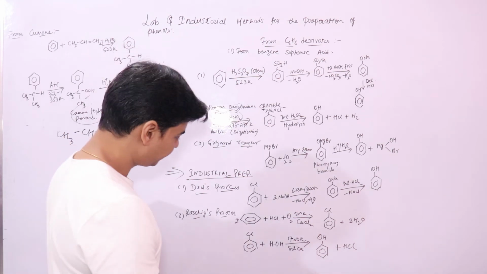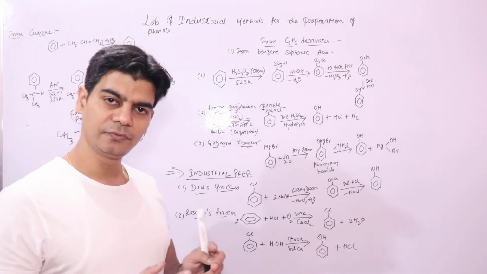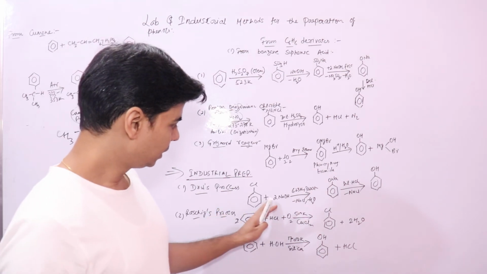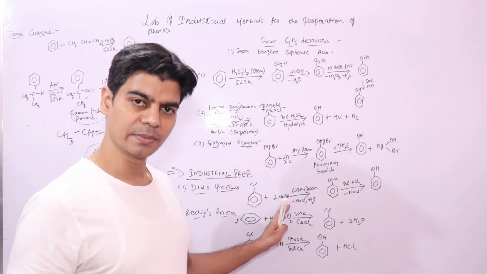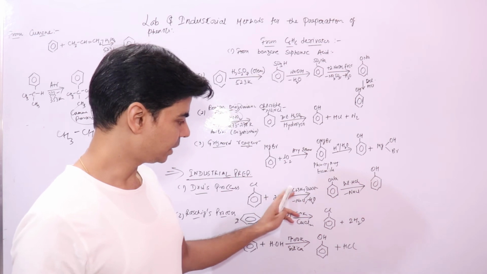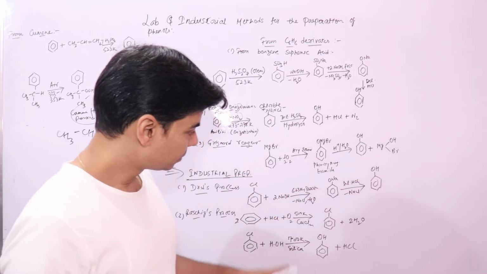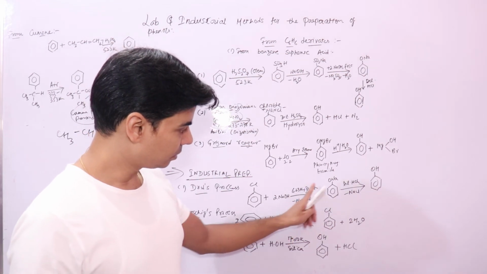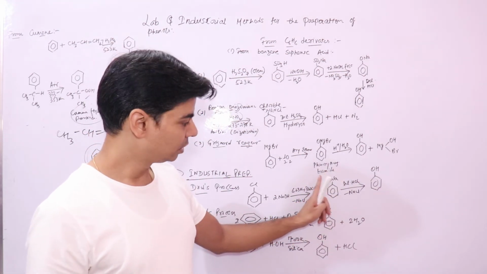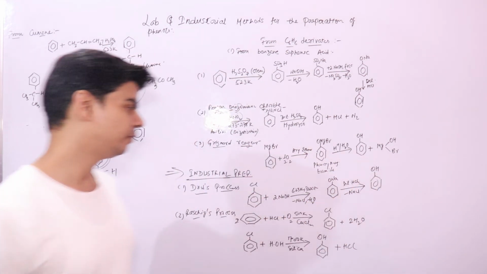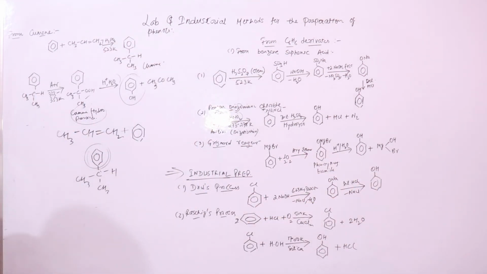I repeat, in Dow's process, phenol is obtained from chlorobenzene. Chlorobenzene is treated with sodium hydroxide at 623 kelvins, then it will form sodium phenoxide. Sodium phenoxide, when treated with dilute HCl, will form phenol, right?